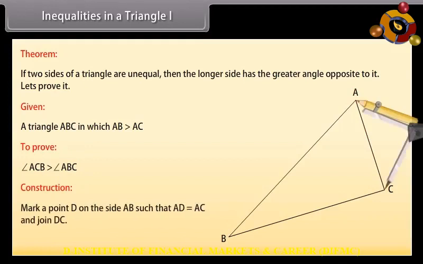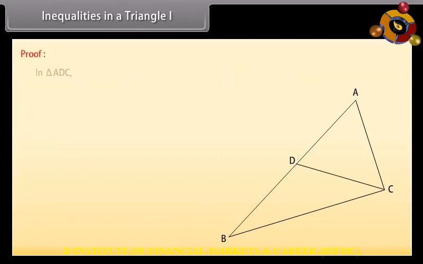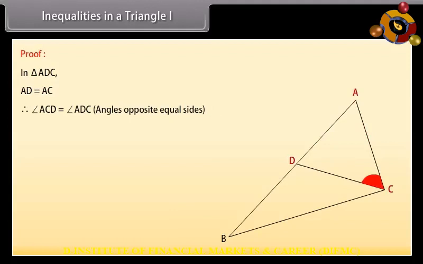Construction: mark a point D on the side AB such that AD is equal to AC and join DC. Proof: in triangle ADC, AD is equal to AC. Therefore, angle ACD is equal to angle ADC because angles opposite equal sides of a triangle are equal.